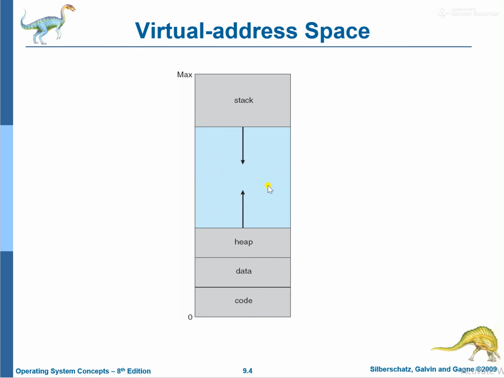If the virtual address space includes holes like we have shown over here, it is called a sparse address space. And using a sparse address space is good because the holes can be filled as the stack or heap segment grows, or if we wish to dynamically link libraries during program execution time.